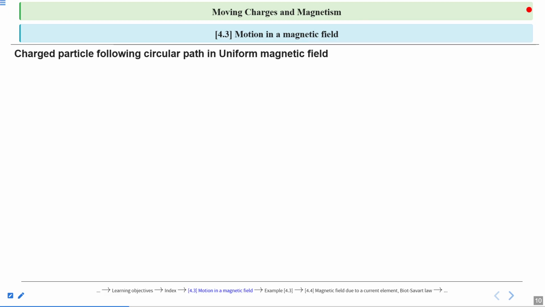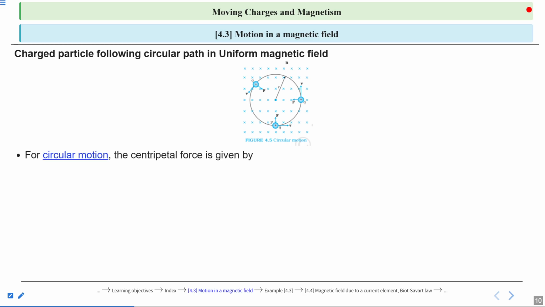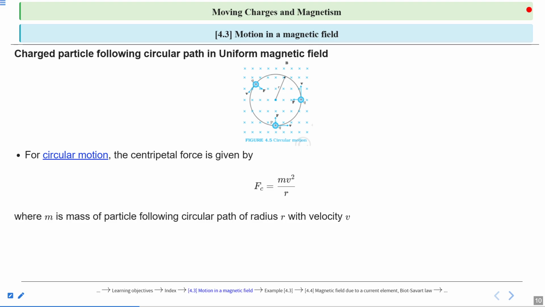Now again coming to the circular path, a charged particle following a circular path in a uniform magnetic field. For circular motion, the centripetal force is given by Fc equal to mv squared by r, where m is the mass of the particle following a circular path of radius r and velocity v.